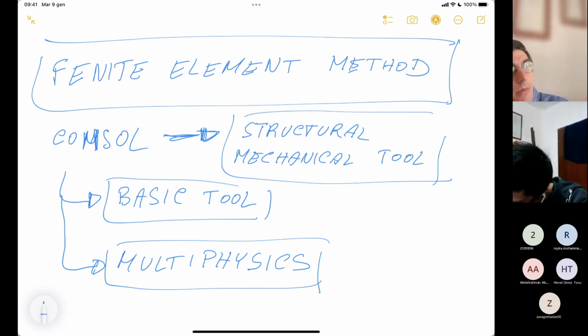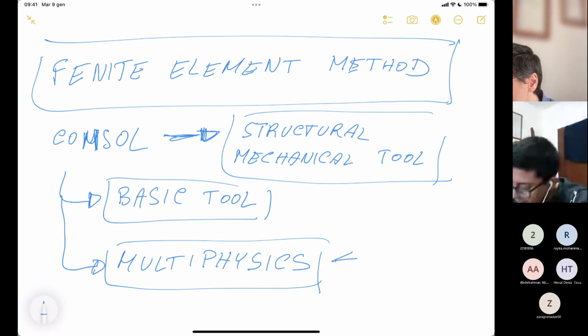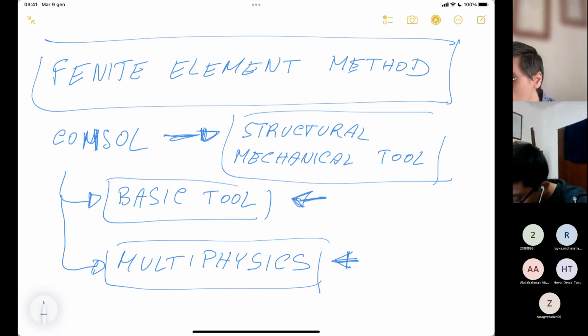So you can talk about mechanics, thermal effects, electric effects, acoustic effects, fluid effects, and so on, all together. And this would be very difficult with other software. So this is another important stuff that you find in COMSOL and you can use in whatever you need to consider.